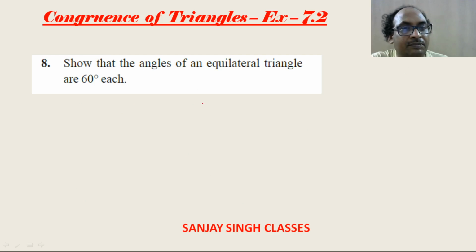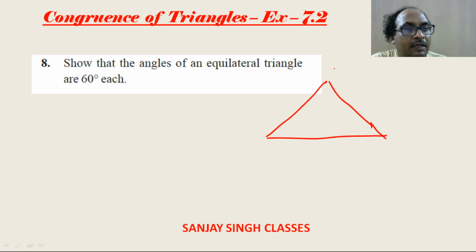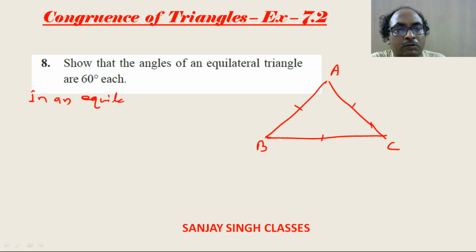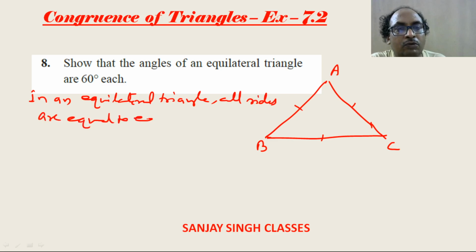Now in this we are given an equilateral triangle. Equilateral triangles are those triangles in which all the sides are equal. In an equilateral triangle, all sides are equal to each other.